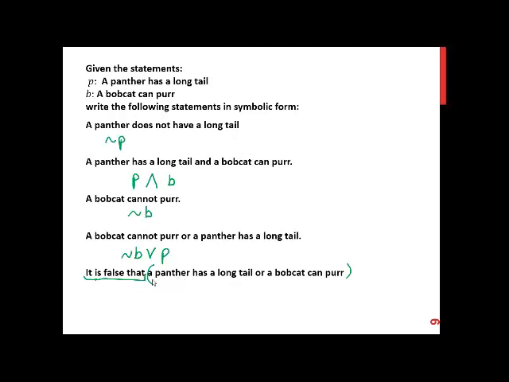So let's start off with a panther has a long tail, or, so that would be V, a bobcat can purr, P. Now to say it is false that, that's saying not all of this together. So we need to watch our cues. The "it is false that" means all the stuff coming after it will be in parentheses, and we'll use a negation out front.